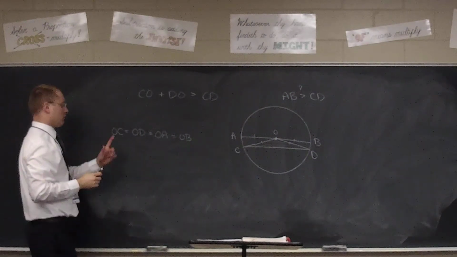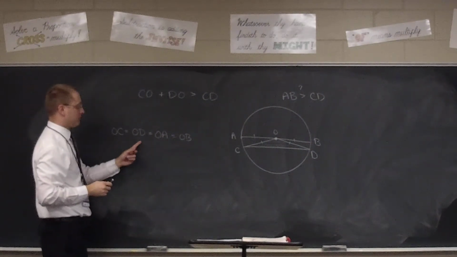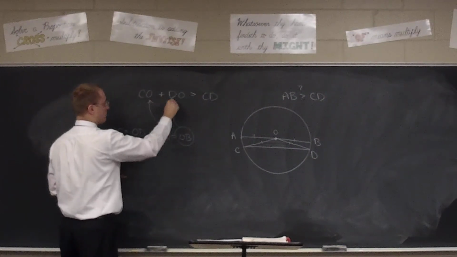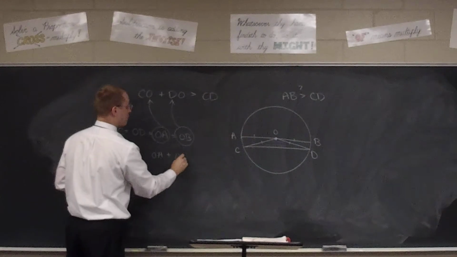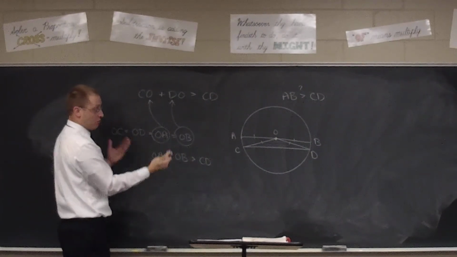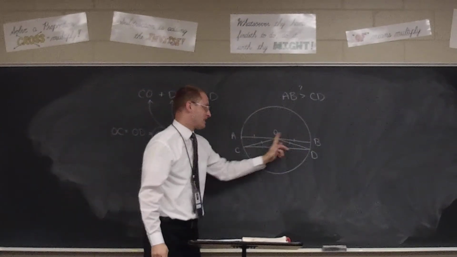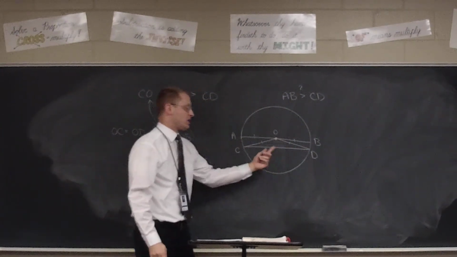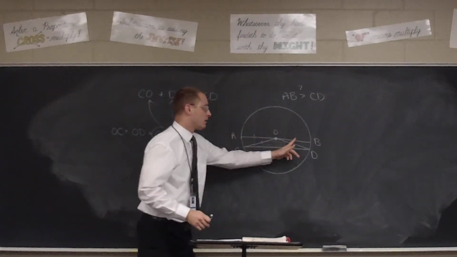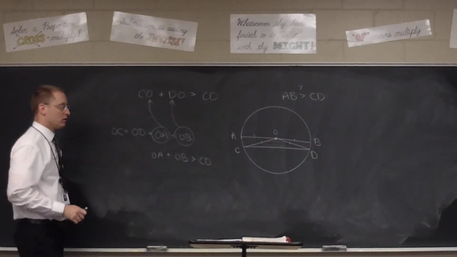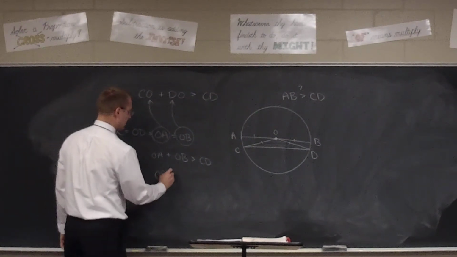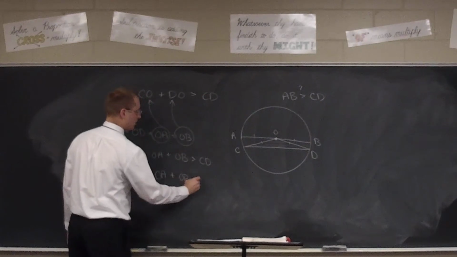Well, all these radii are all equal, aren't they? We can substitute. We can say that OA plus OB then also must be greater than CD, correct? They're equal anyway. So that means these two lines added together must be bigger than CD. What are these two lines added together? What is OA plus OB?